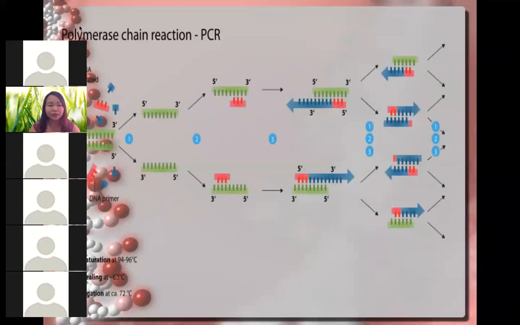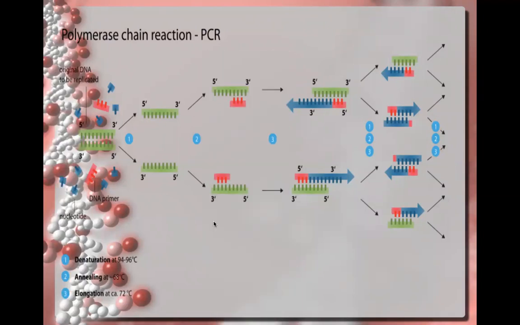So this figure shows how to copy the DNA. So this is the primer or the original DNA to be replicated. And then once it is heated, number one is the denaturation at 94 to 96 degrees Celsius.